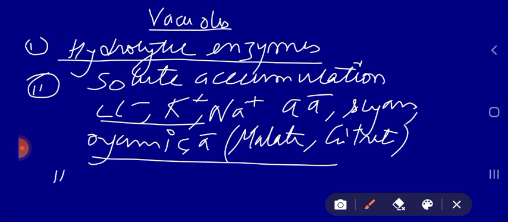The third function of the vacuole is that the presence of the internal acidic environment leads to degradation of the large molecules sent to the vacuole for destruction.